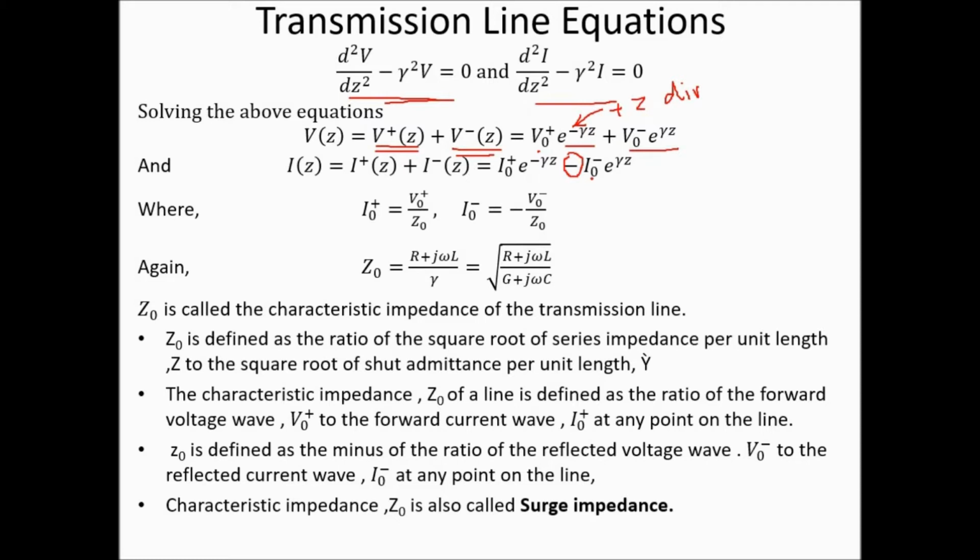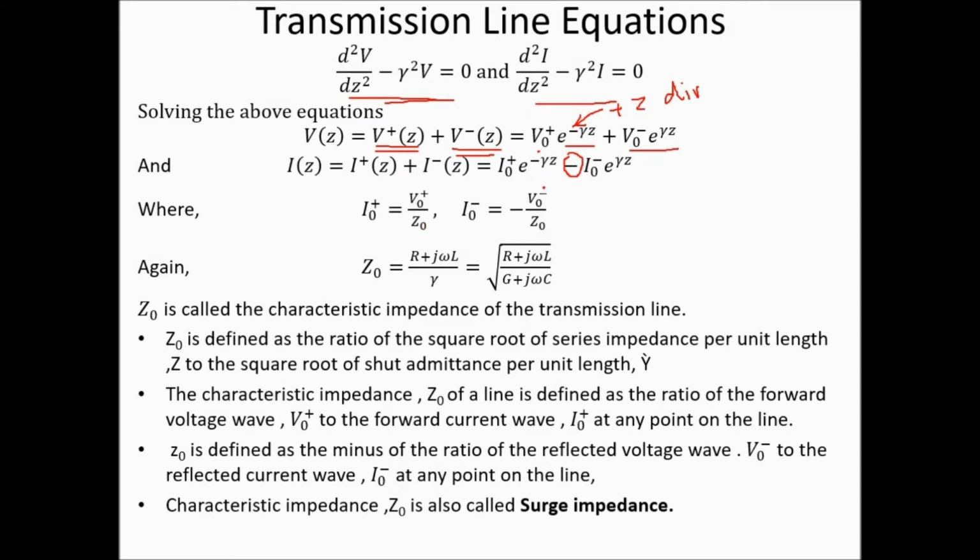Recall the total wave equation: if the electric field is polarized in the same direction, then the magnetic field will be opposite. So we use the same sign convention here, plus and minus. Now I0 plus basically will be V0 plus over Z0.